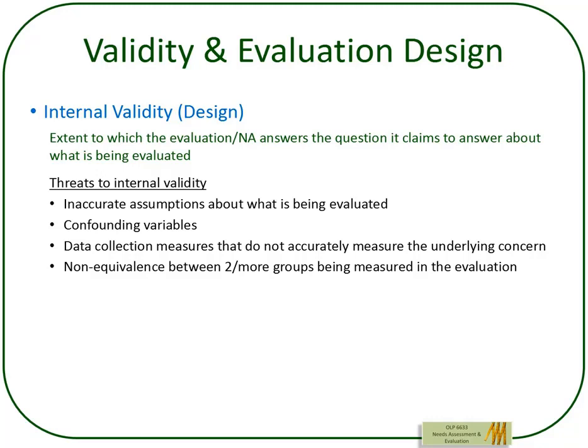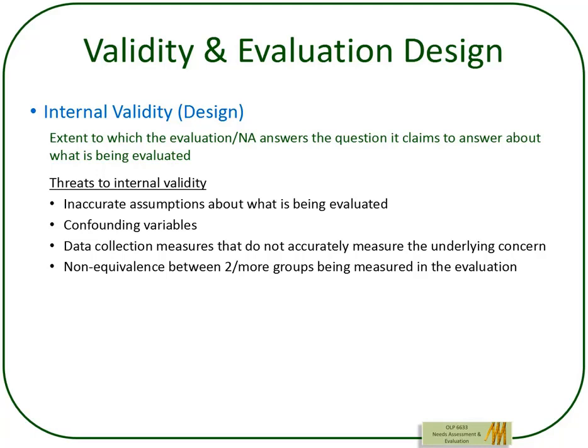Now, part of the challenge is there's a cost to making sure that you have internal validity. If we look at the first threat to internal validity about inaccurate assumptions, it takes a lot of time in order to clear up those assumptions. If you look at confounding variables, it takes a lot more work to eliminate them because you need to measure more things, you need to get more people involved, et cetera.